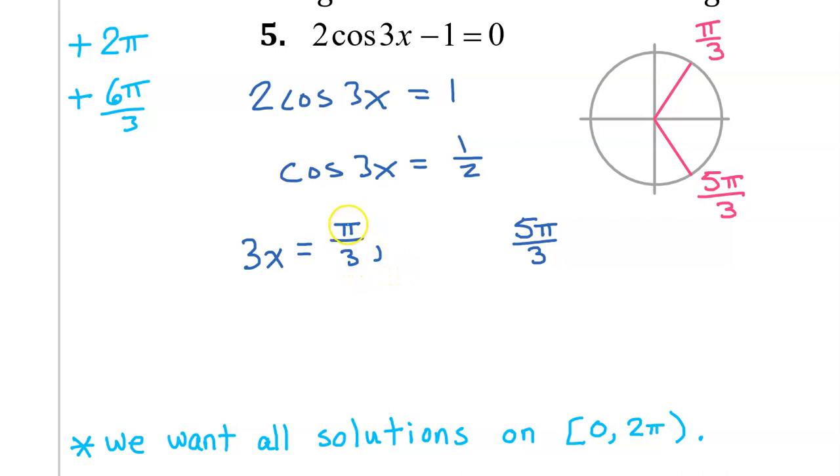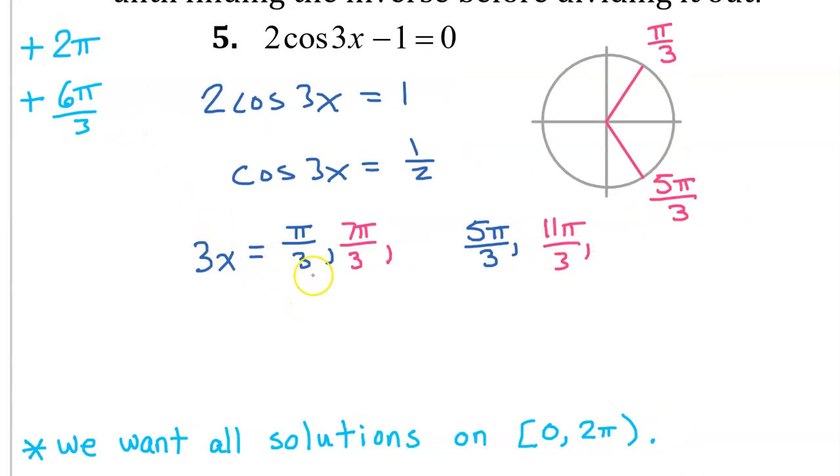So if I want to take pi over 3 and add 2 pi, I can just do pi over 3 plus 6 pi over 3, which is 7 pi over 3. Similarly, if I want to add 2 pi to 5 pi over 3, I'm going to add 5 pi over 3 plus 6 pi over 3, which is 11 pi over 3.